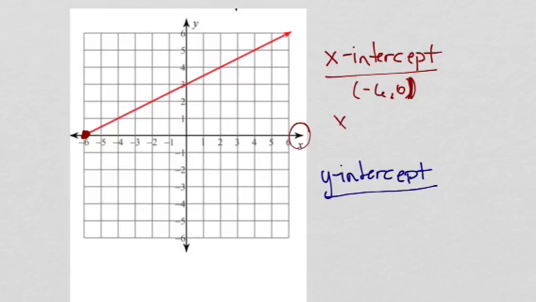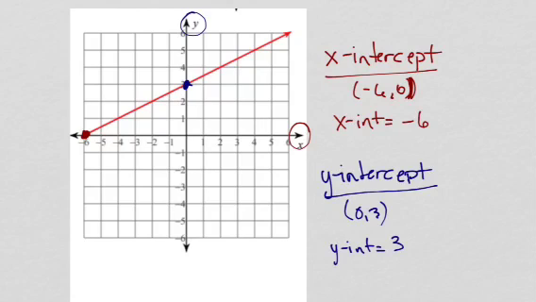But, again, if you're still struggling with where that number goes, do you put the -6 first or last, then just write x-intercept equals -6. It's completely acceptable. All right, next one, y-intercept. Well, here's the y-axis. Find where it crosses. Crosses at 3, so that'd be 0, 3. Or, again, if you wanted to take a little bit easier route, just say y-intercept equals 3.